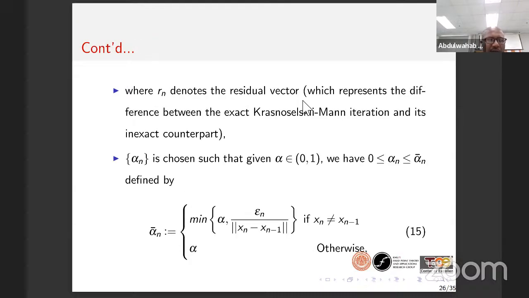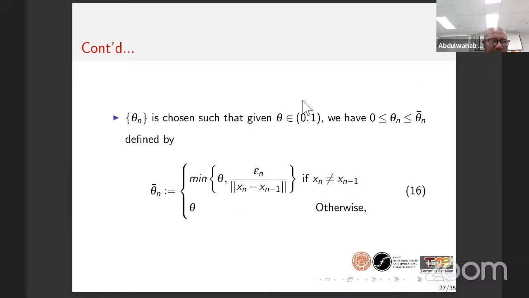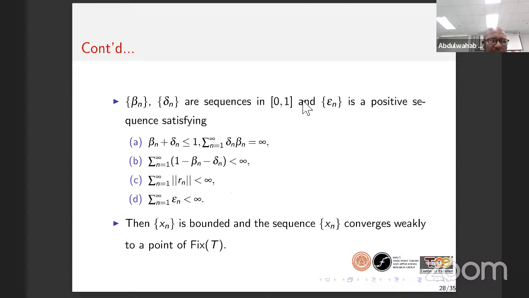The conditions on the control parameters are given here, similar to the previous one, but we have two control parameters on the inertial extrapolation, with these conditions, and the other conditions are listed in A up to D. If these conditions are satisfied, then we conclude that xn is bounded, and the sequence xn converges weakly to a point of the fixed point set of T.